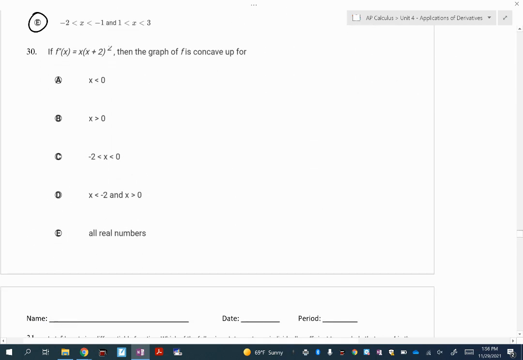This one says, when we're looking at the function, we have the second derivative, then the graph of the original function is concave up. I'm going to do the sign analysis for the second derivative to determine where my function is concave up or down. So I just need to find critical points for this. Can't make it undefined, but we can set it equal to 0 for the second derivative.